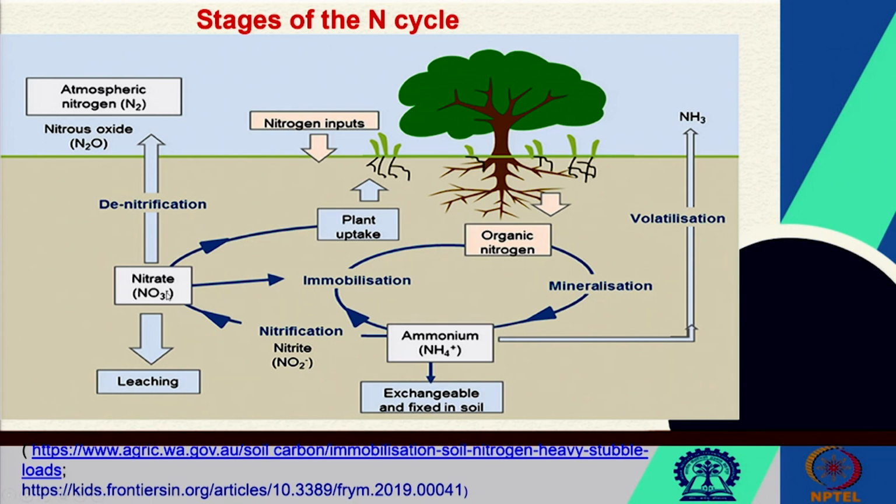This nitrate is either taken up by the plant, or it is lost from the soil through the leaching process, or it goes back to the atmosphere by the denitrification process in anaerobic condition. Ultimately they produce nitrous oxide, and finally, due to the denitrification process, they convert back into atmospheric nitrogen. Ammonium is also released into the atmosphere through ammonia volatilization processes. So, these are the different stages of a nitrogen cycle. We have discussed this already in detail.